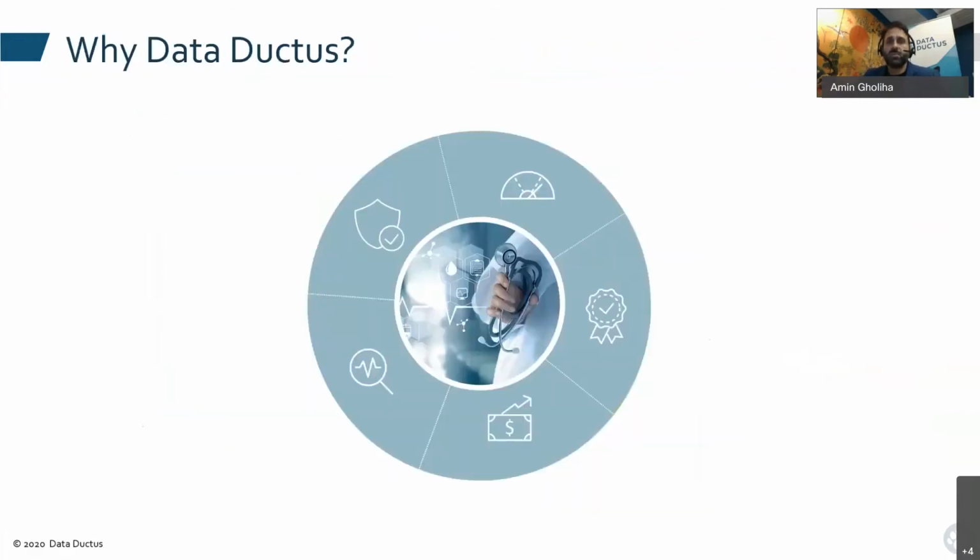A little bit more about Data Ductus. We have faster time to market, as I explained before, because of our past experience. We are very good at creating regulatory compliant products because we have a regulatory understanding through a lot of hybrid developers within our company.